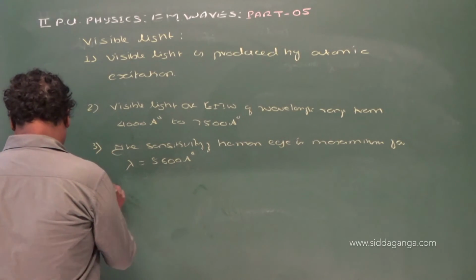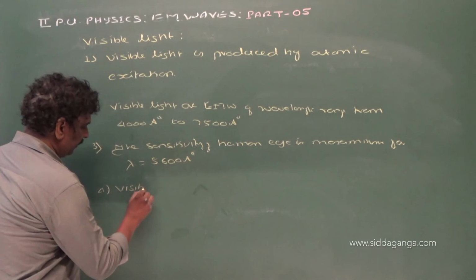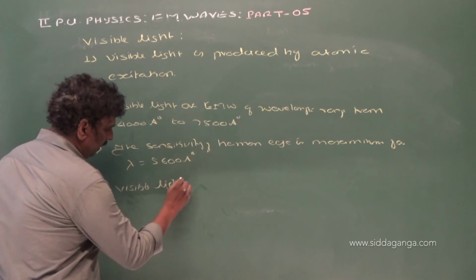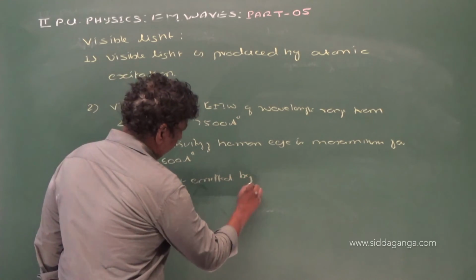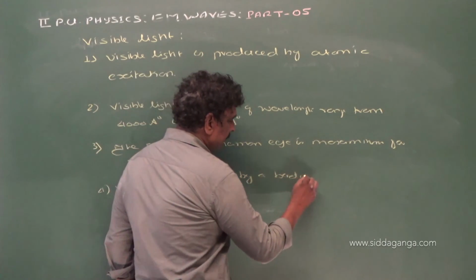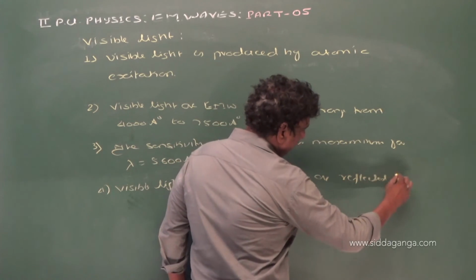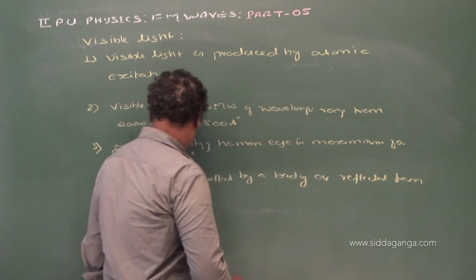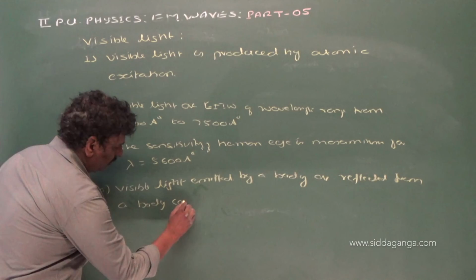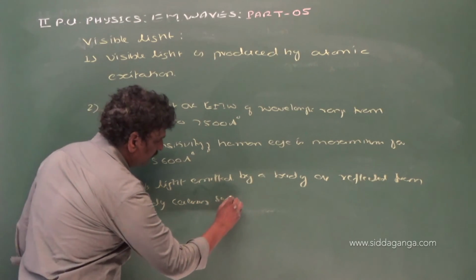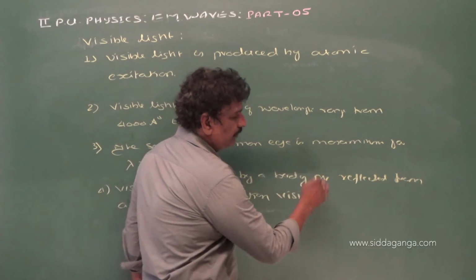The fourth one, visible light emitted by a body or reflected from a body causes sensation of vision.